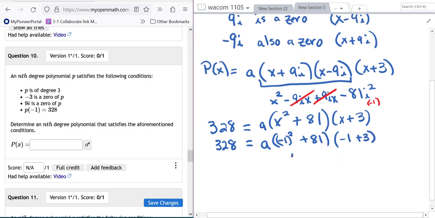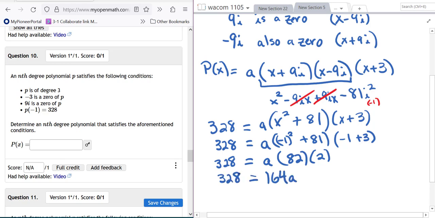Plus 81 gives us 82. And negative 1 plus 3 gives us 2. This gives us 164. Multiplying those two, 164a equals 328. And now we'll divide on both sides by 164. So a is equal to 2.